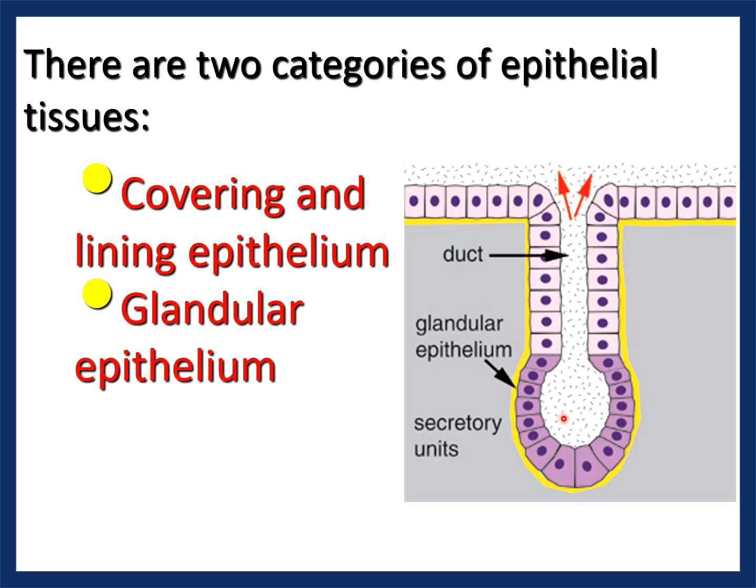And then that substance will either be deposited directly into the bloodstream, or it might fill a duct. And that duct will go to the apical surface of the cell. So these cells here, these would be the lining epithelium. And then these deeper cells that are inside of the duct, that would be the glandular epithelium.